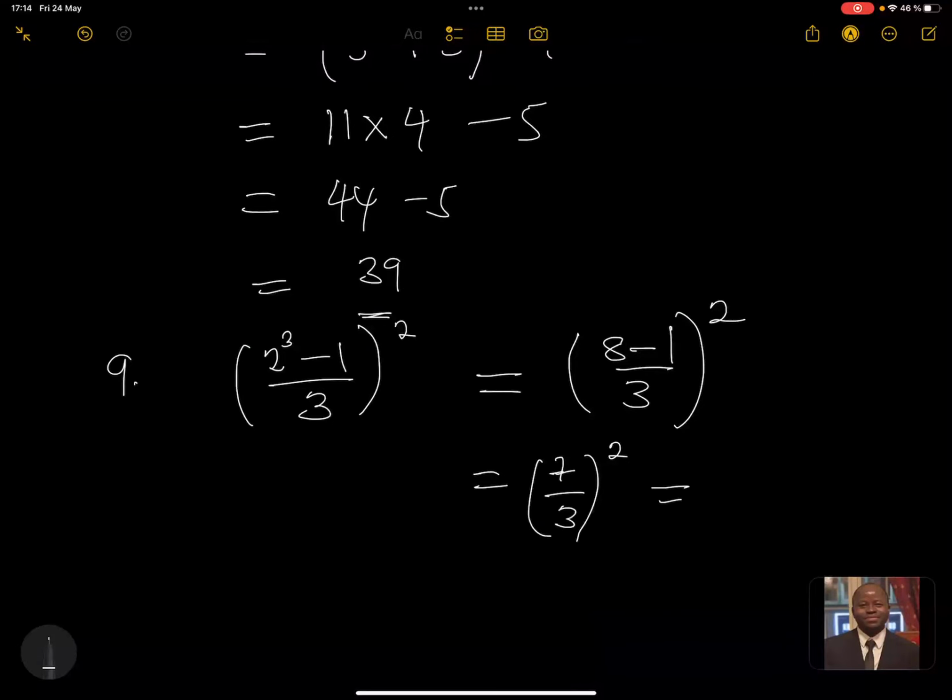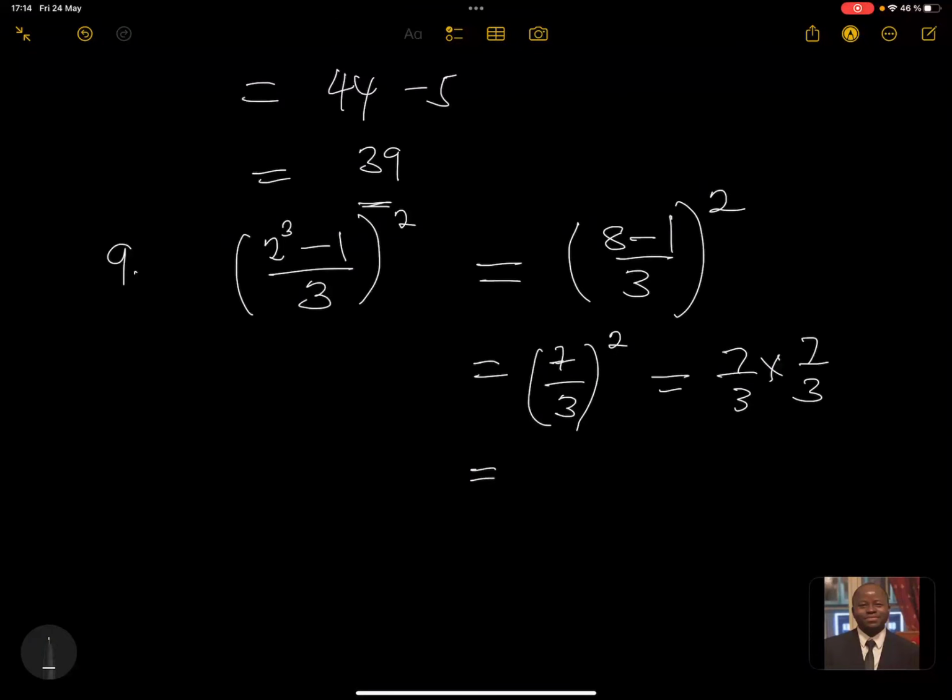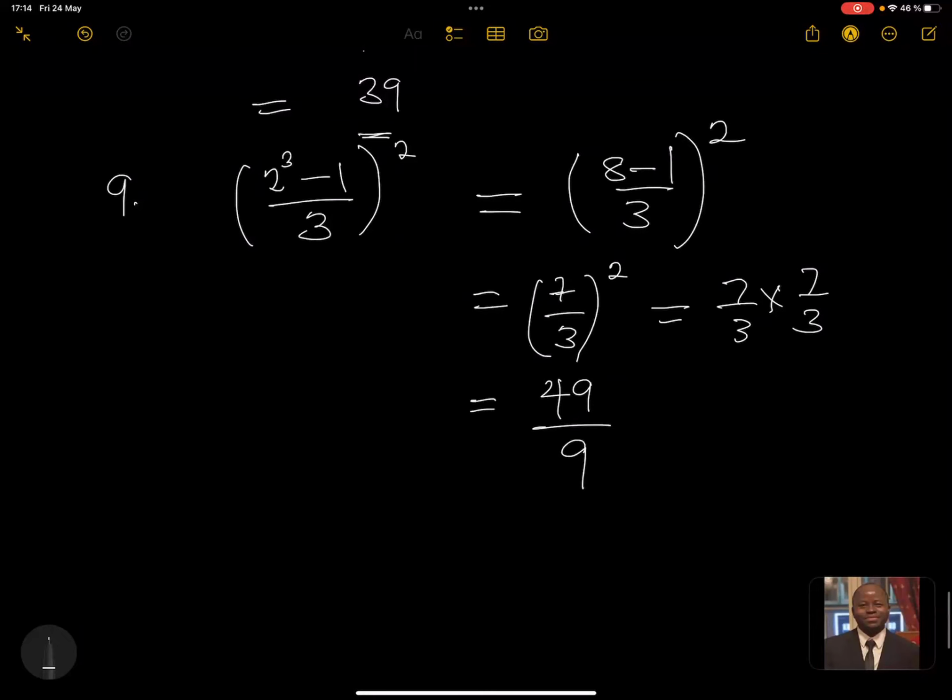So this means 5 over 3 multiplied by 5 over 3. Is that correct? So 5 times 5 is 25, divided by 3 times 3, 25 over 9. Is that okay, everybody? Perfect. This is also very easy.